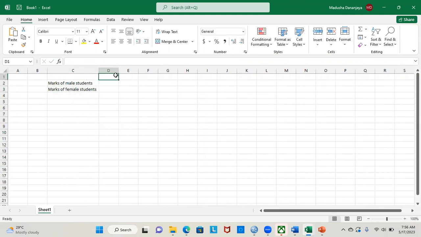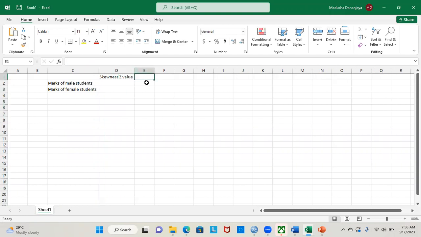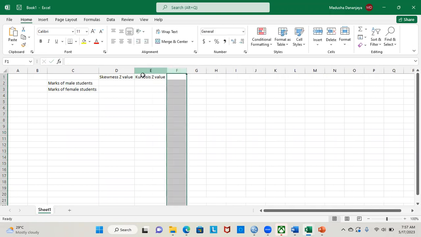Then skewness Z value. Then kurtosis, and kurtosis Z value.